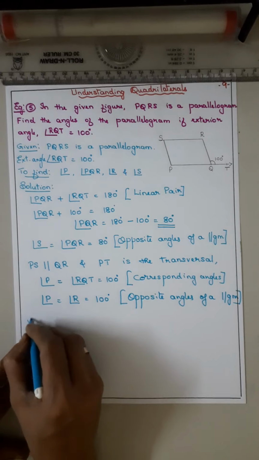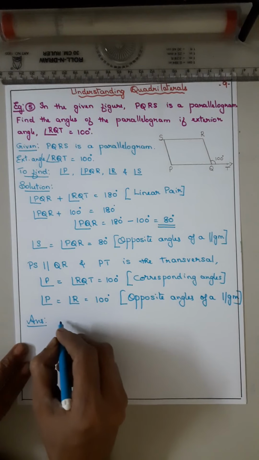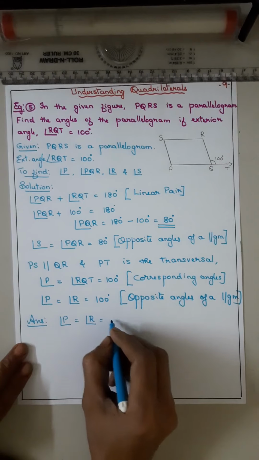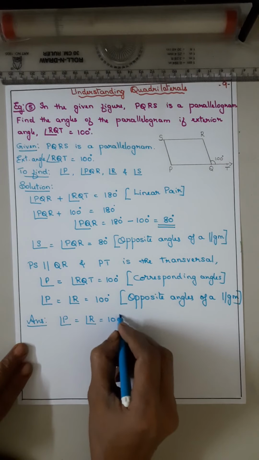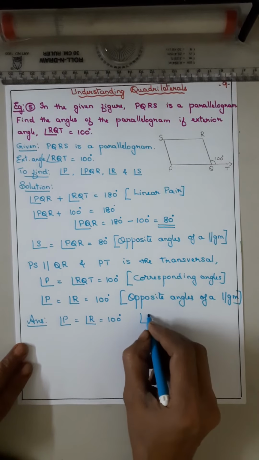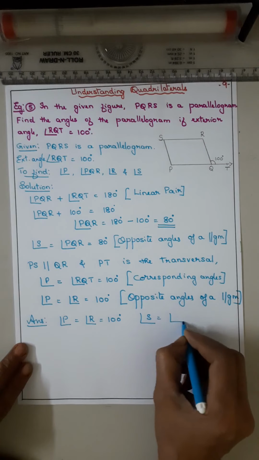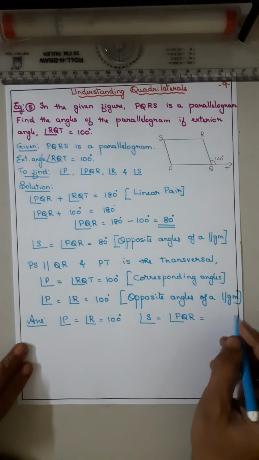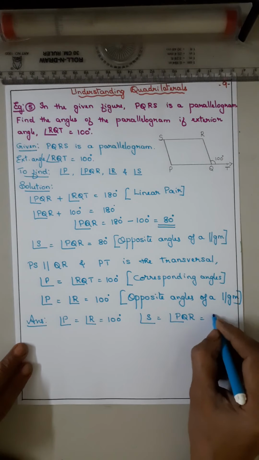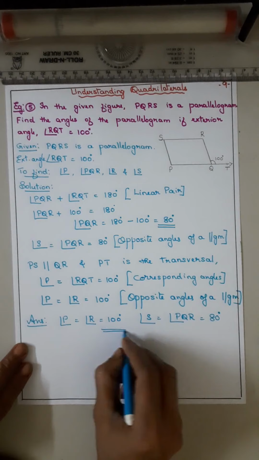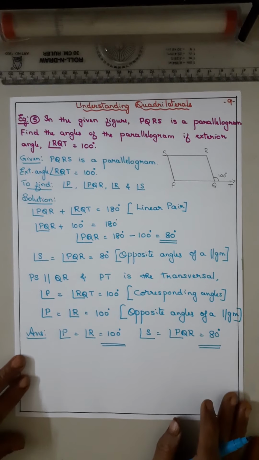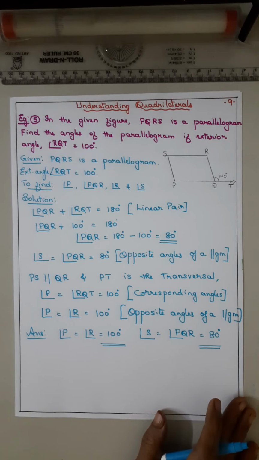So you got angle P is equal to angle R is equal to 100 degrees. Angle S is equal to angle PQR is equal to how much? 80 degrees. So you got all the angles of the parallelogram. Understood? So this was about example 5.